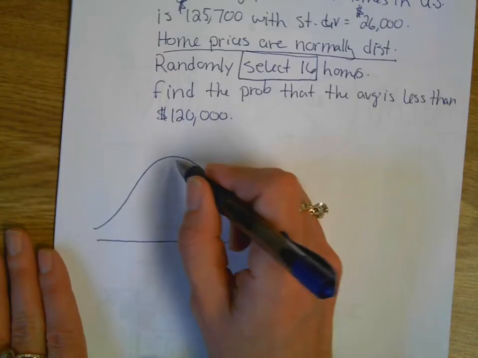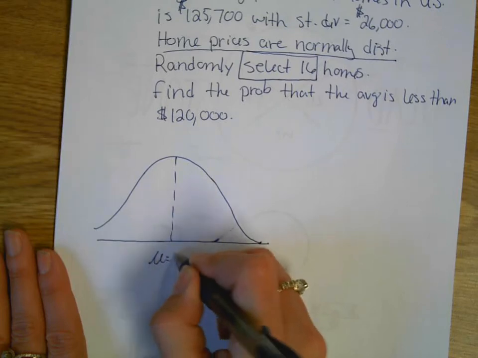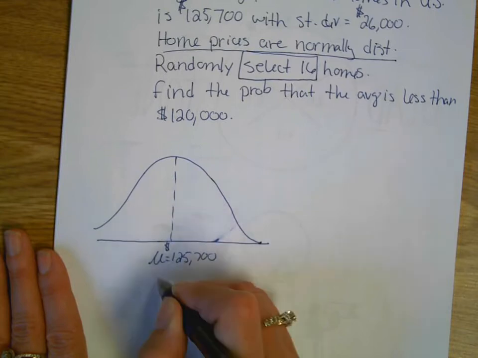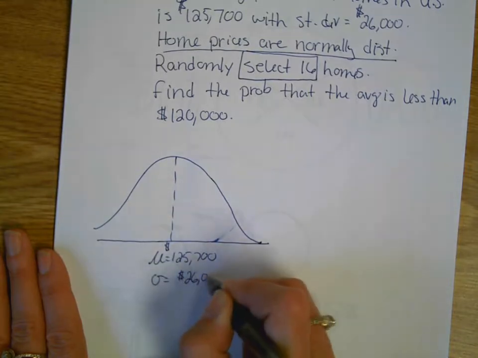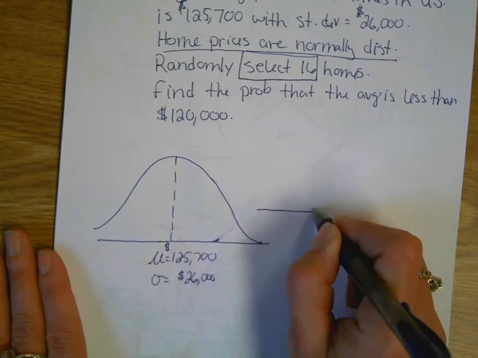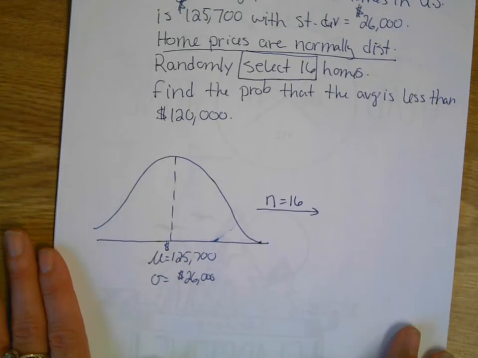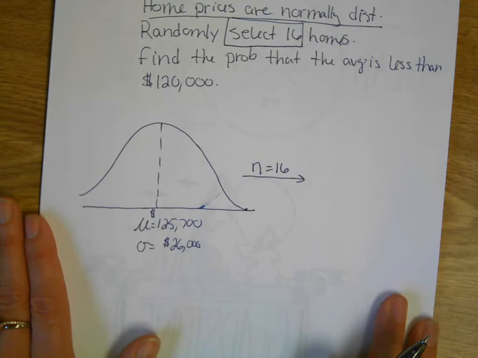So here's the population normally distributed. The mean is 125,700. Standard deviation 26,000. Selecting samples of 16. That's under the magic number 30, but is it okay?